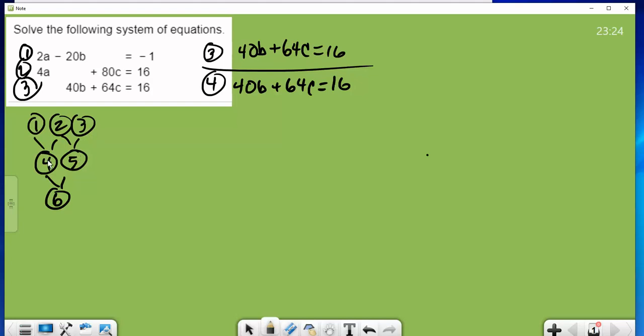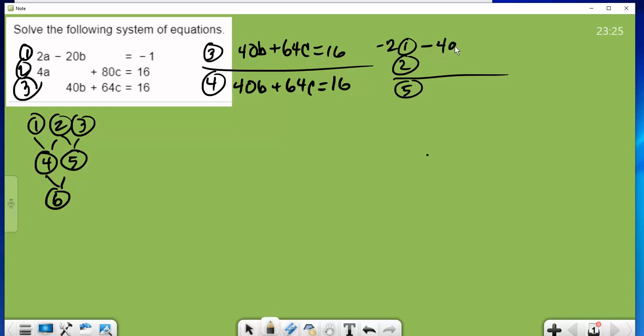Now to get equation 5, I have to use 1 and 2 because we need to use all three equations to get 4 and 5. And I have to eliminate the same variable. So since I got rid of A by not doing anything, I need to get rid of A with 1 and 2. So I need to multiply equation 1 by negative 2.